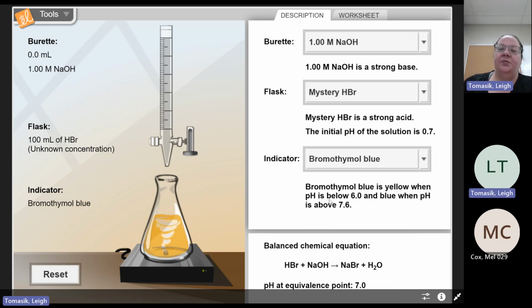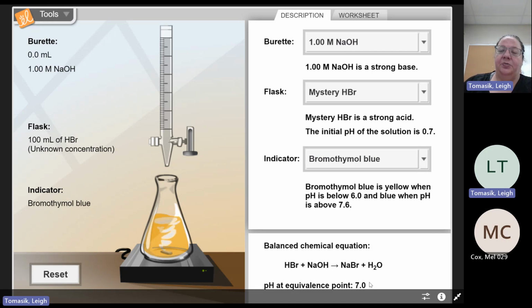So if you think about it, bromethymol blue is a good indicator for things that will be neutral when you mix them. So like a strong base, strong acid, right? Where you have a pH at equivalence of 7, right? So here we have NaOH, HBr.